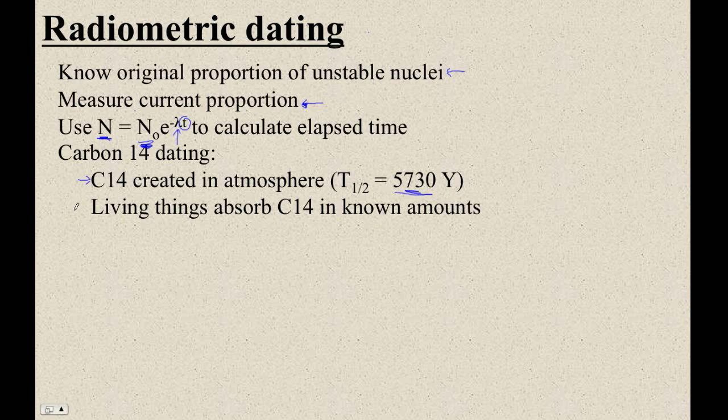And here's the deal: all living organisms absorb it. The carbon dioxide you're breathing right now has carbon-14 as the carbon in CO2, and that becomes part of your body. Of course, when you die, you stop absorbing carbon-14, and then the clock starts ticking.